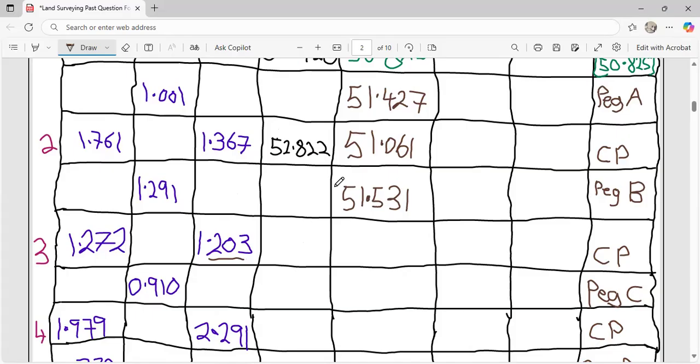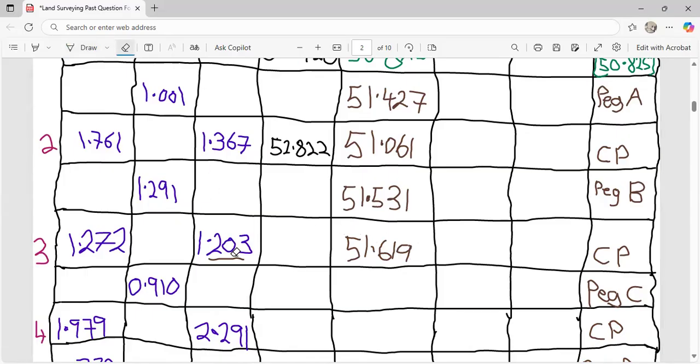And what are we going to get? We're going to get 51.619. Good. From there, what else are we supposed to do next?